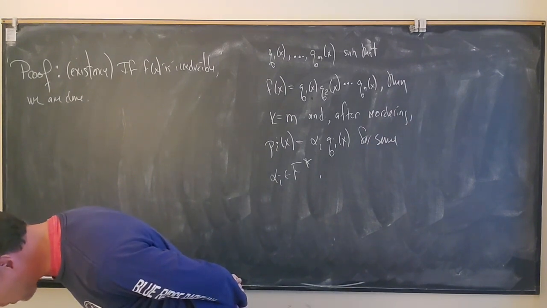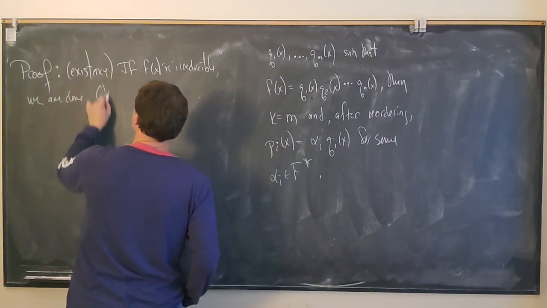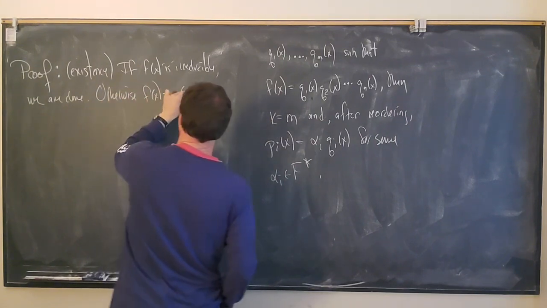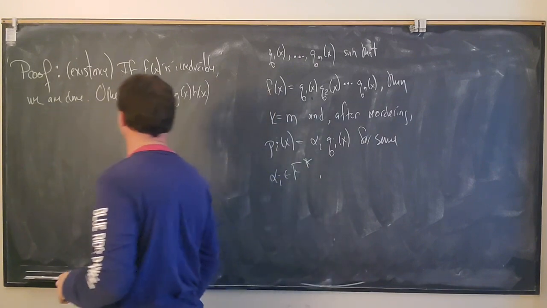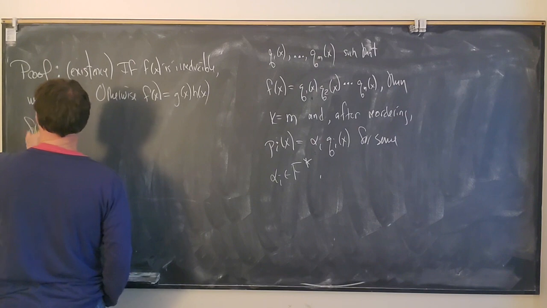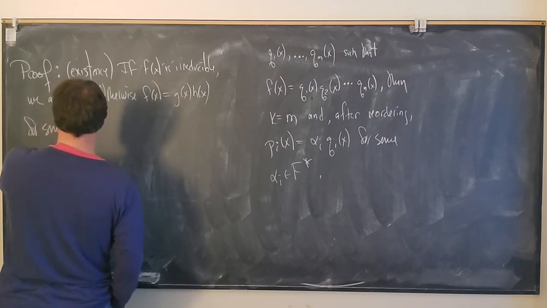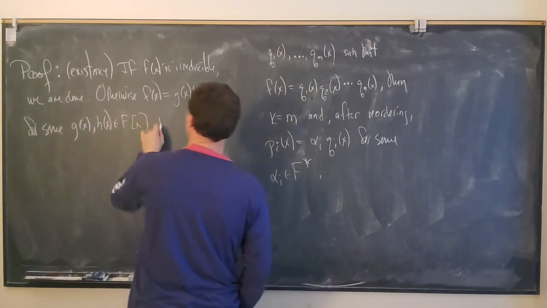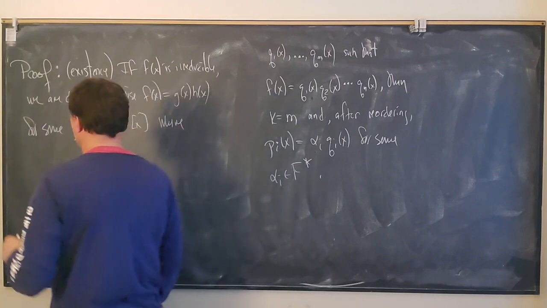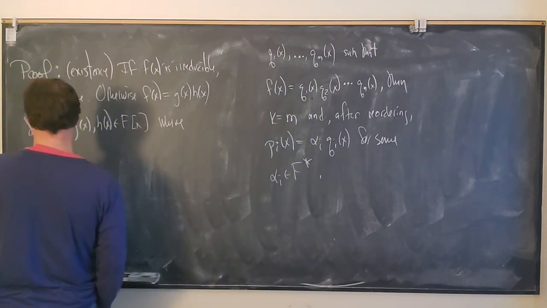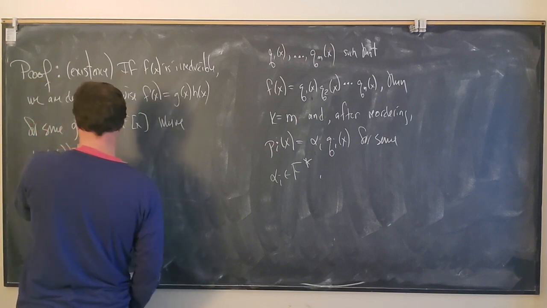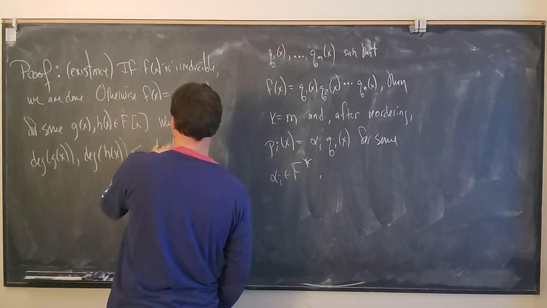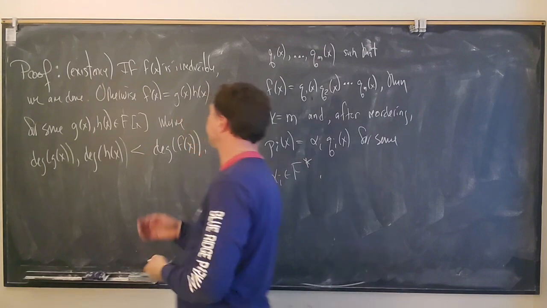I'm going to call them g and h. So otherwise, f of x is equal to g of x times h of x for some g of x and h of x in F bracket x, where the degree of g of x and the degree of h of x are both strictly less than the degree of f of x. Fine.